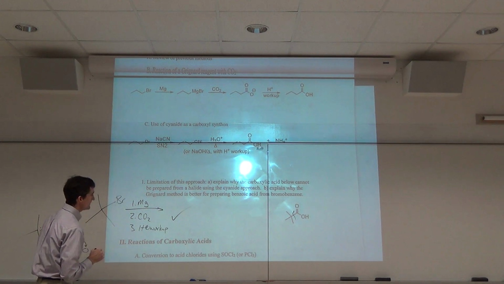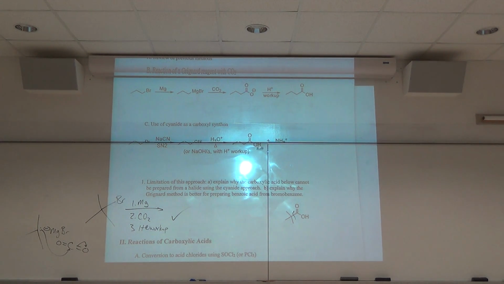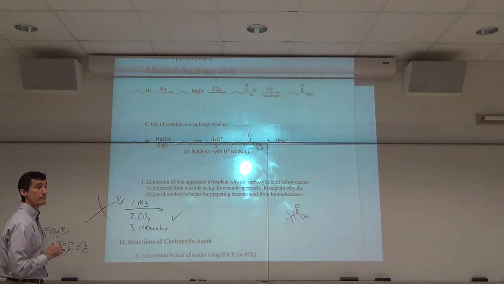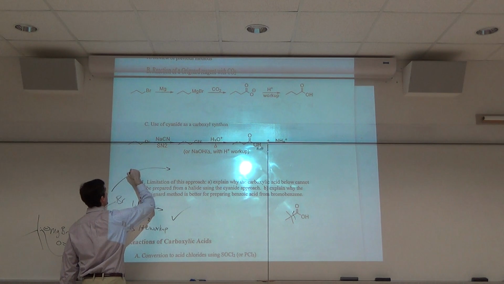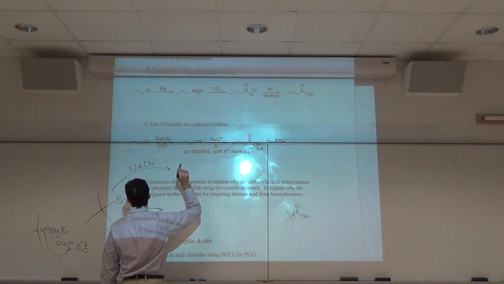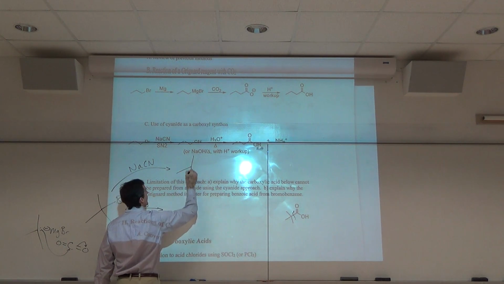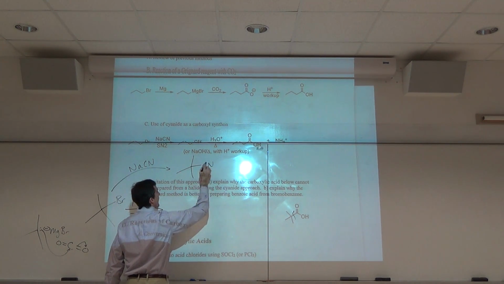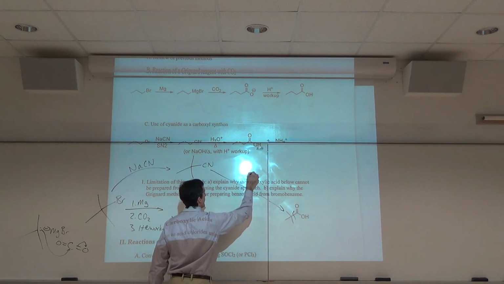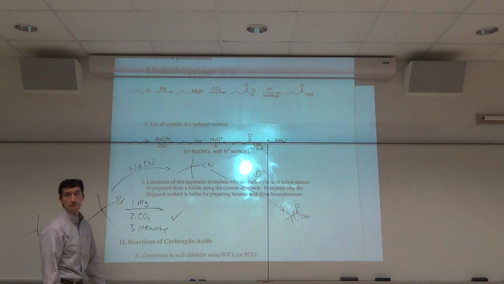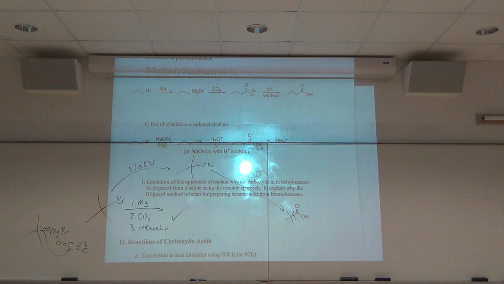If we do the cyanide method, what do we start with and what do we react it with? You start with the same thing, you react this with sodium cyanide. You have like a tertiary reaction. Get that, and then we hydrolyze it. Does that look good? No. Is this SN2 going to work?